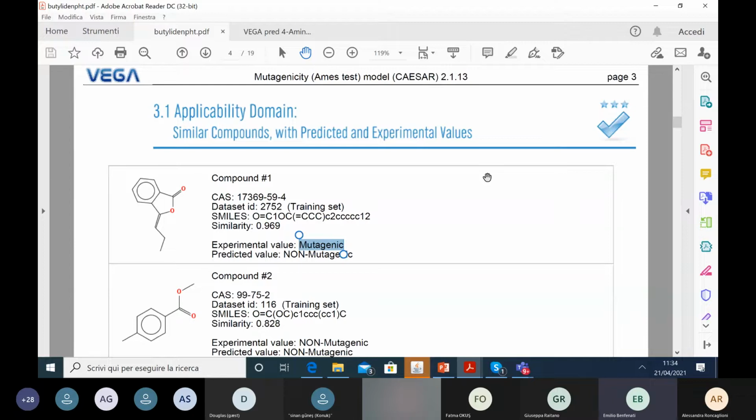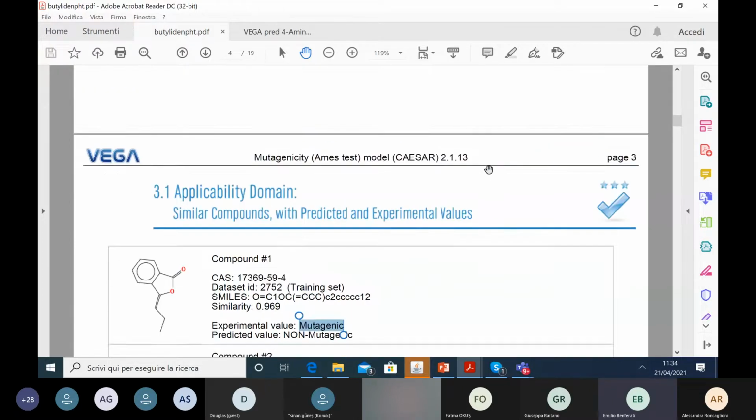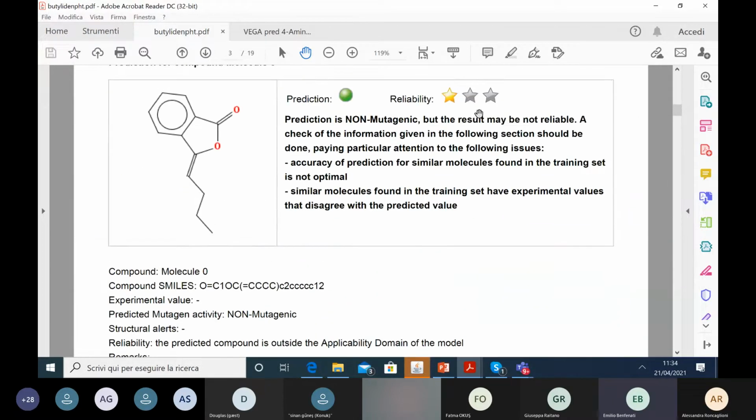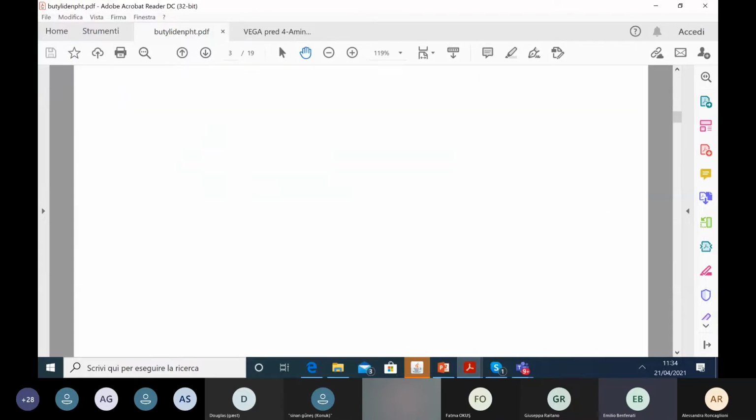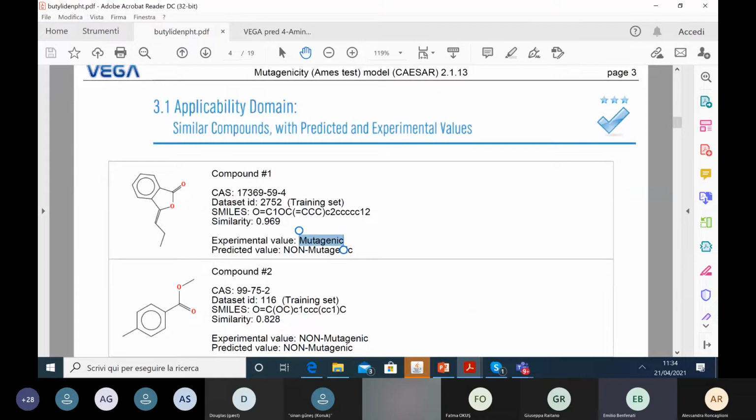The Caesar model says non-toxic. But out of what is shown here from Caesar, my assessment is that this target compound very, very probably will be mutagenic, not for the prediction, but for read across. So I disregard the prediction and I take into consideration this.